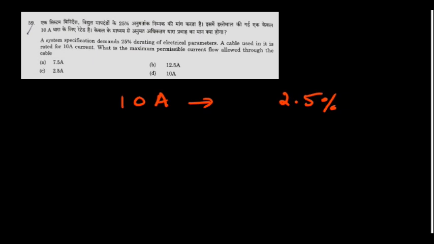So what is the maximum current after derating this wire can carry? That is 7.5 amps.